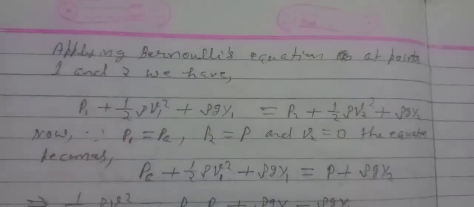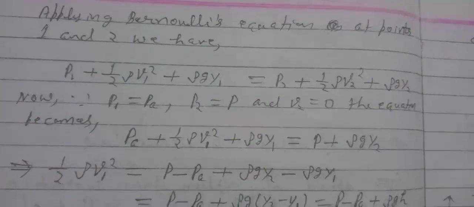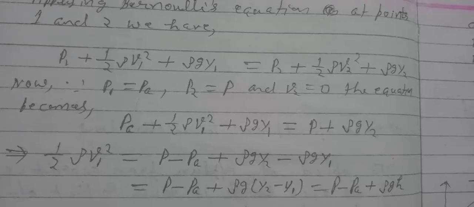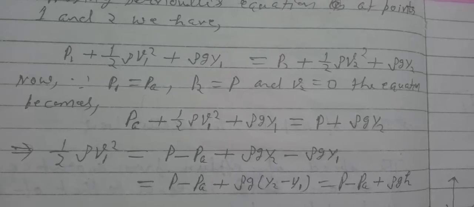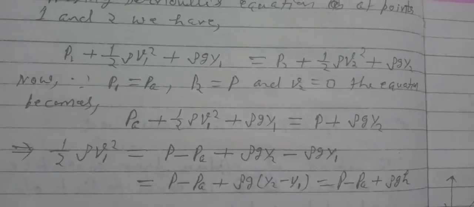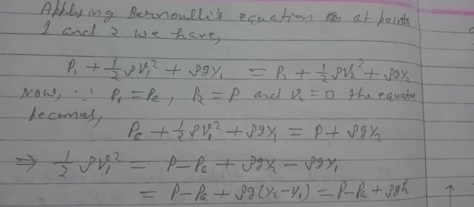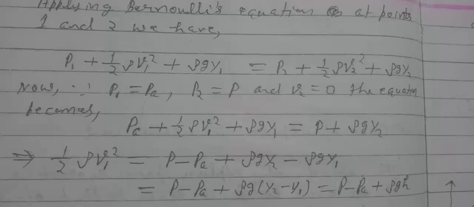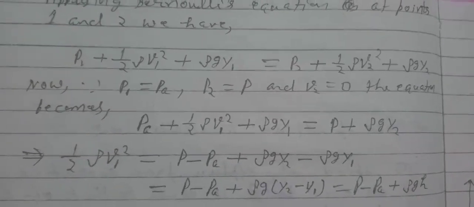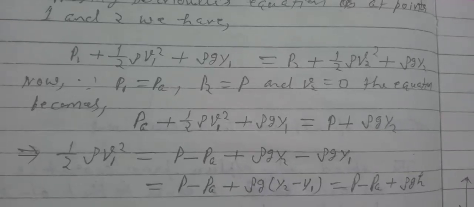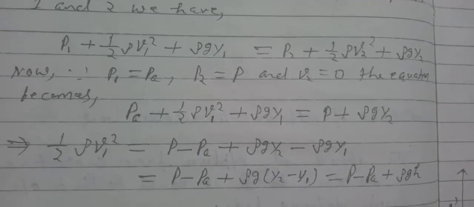Again applying Bernoulli's equation at points 1 and 2, we have P1 + 1/2 ρV1² + ρgy1 = P2 + 1/2 ρV2² + ρgy2. Now since P1 equals Pa, the atmospheric pressure, and P2 equals P and V2 equals 0, the equation becomes Pa + 1/2 ρV1² + ρgy1 = P + ρgy2.